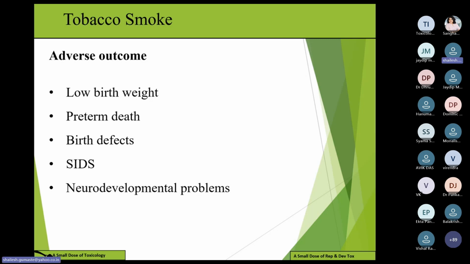Sudden infant death syndrome, that is what we call SIDS. Smoking during pregnancy and exposure to second-hand smoke after birth increase the risk of SIDS. And neurodevelopmental problems. Exposure to tobacco smoke in utero has been linked to cognitive and behavioral problems in the children.